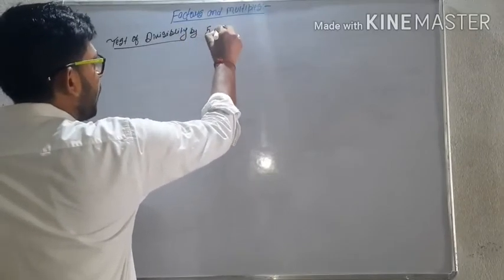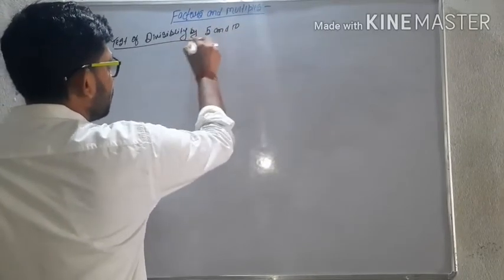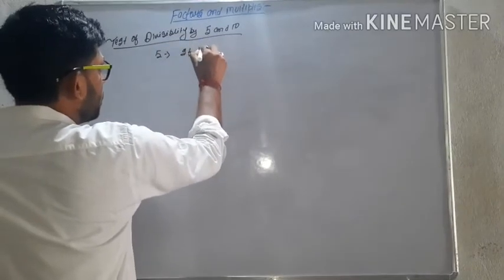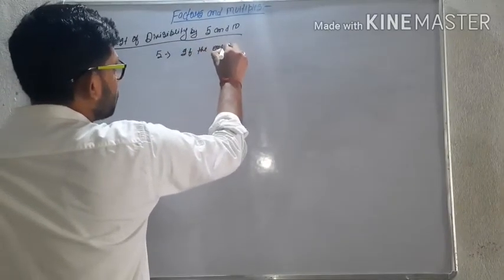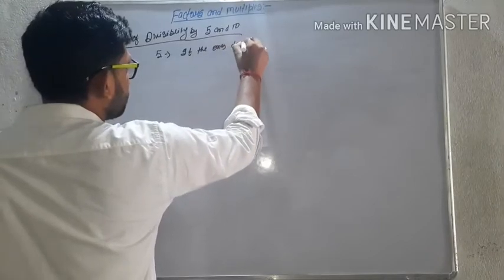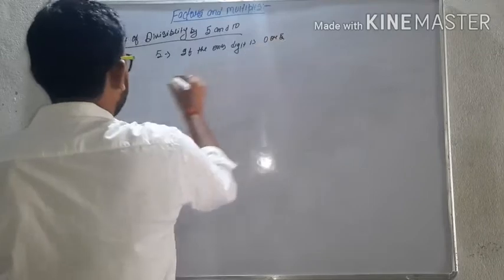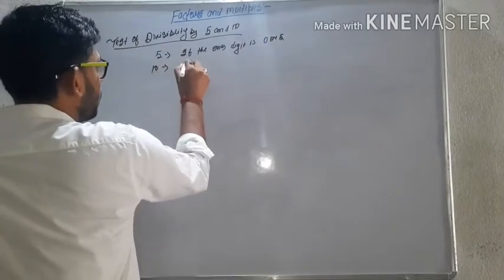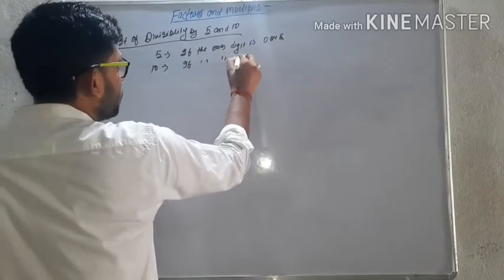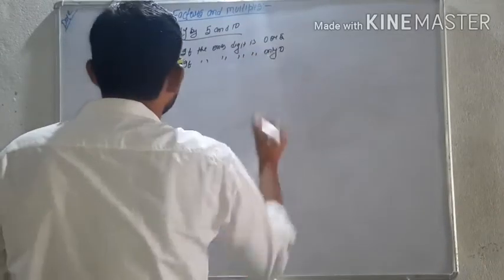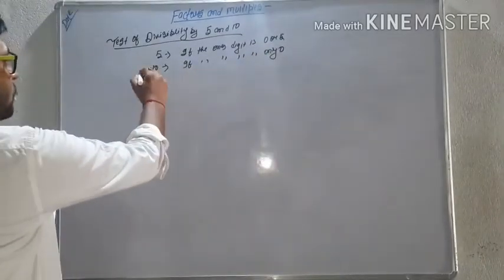Divisibility by 5 and 10. Now, for 5, if the unit digit is 0 or 5, the number is divisible by 5, and for 10, if the unit digit is only 0, then the whole number is divisible by 10.